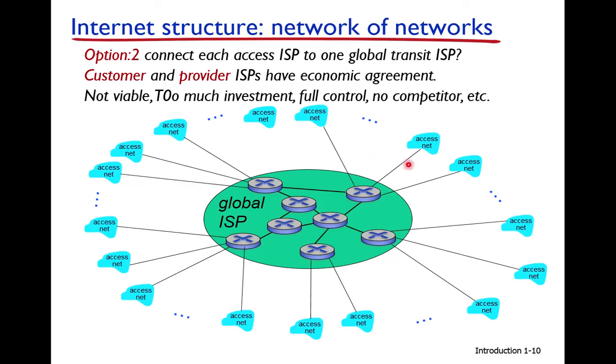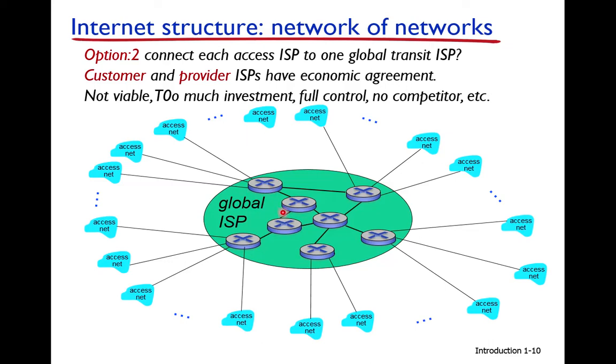The access network is the customer ISP because it needs the service of the global ISP to send data to another access network, and the global ISP is the provider ISP.